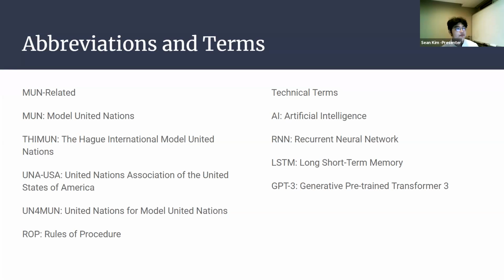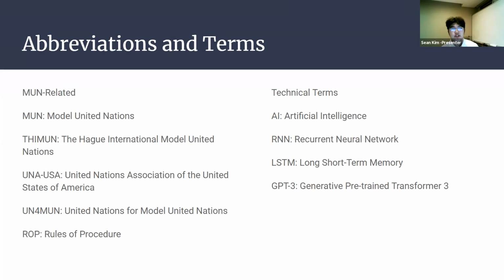So first, going on to MUN-related terms, MUN, as many of you might know, stands for Model United Nations. I will explain what this means and what this activity is about later on. Within MUN, there are many types of organizations and there are many rules of procedure, also known as the ROP.